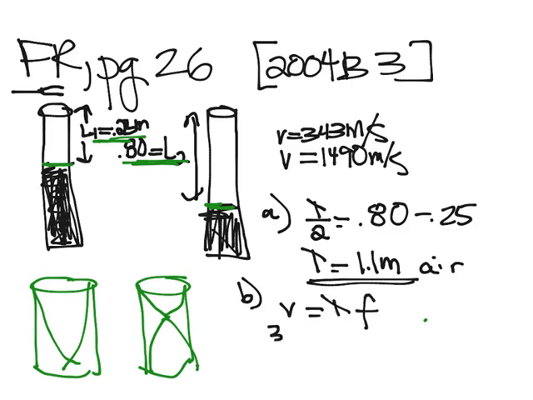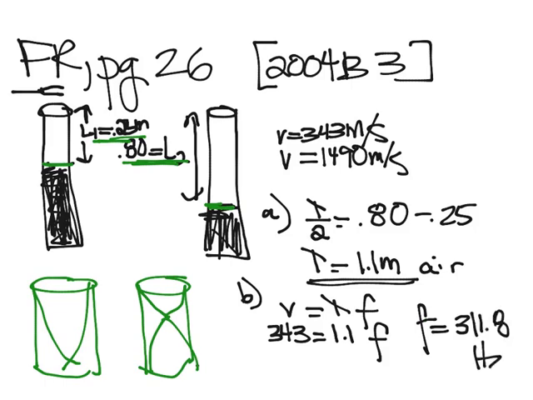So in air, our velocity is 343. Our wavelength is 1.1 meters. We're calculating frequency. We get frequency is equal to 311.8 hertz, or 312 hertz.